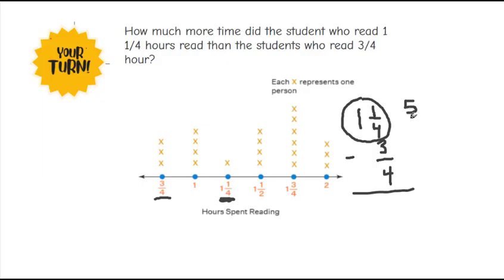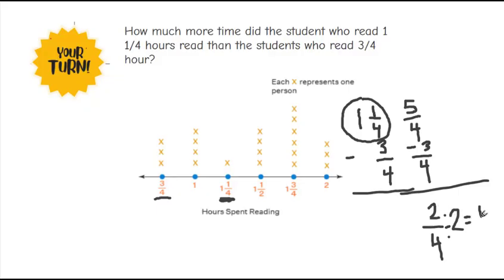So now I have 5/4 minus 3/4. And that comes out to 2/4. And we can simplify 2/4. If I divide the top and the bottom both by 2, that's a common factor. 2 divided by 2 is 1, and 4 divided by 2 is 2. So that one student read a half an hour longer than those 3 students.